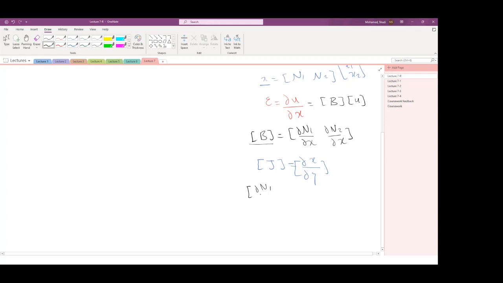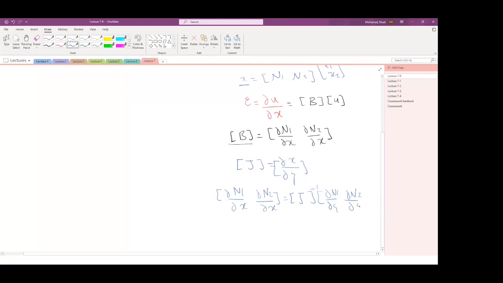I'll write that also in blue because this is also new. So the derivative of N1 with respect to x and the derivative of N2 with respect to x are simply the inverse of the Jacobian multiplied by the derivative of N1 with respect to psi and the derivative of N2 with respect to psi.